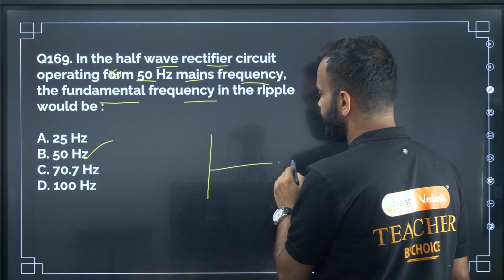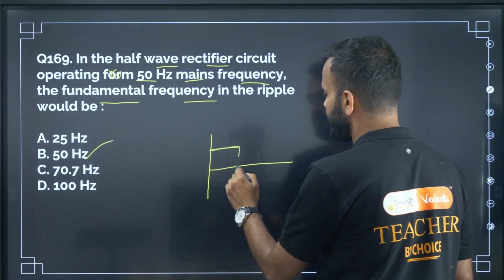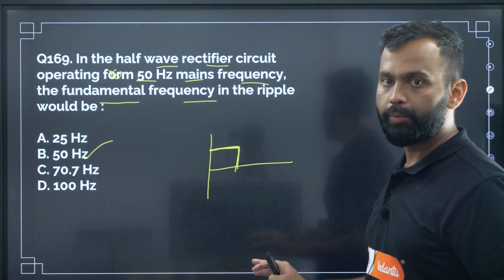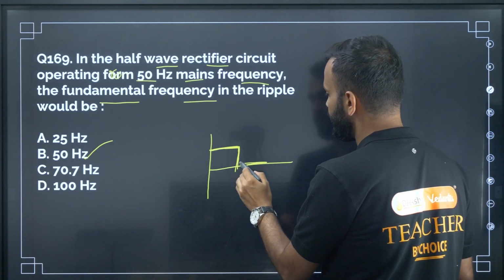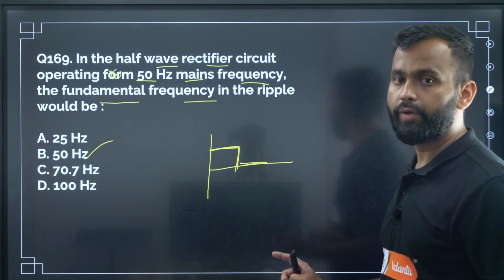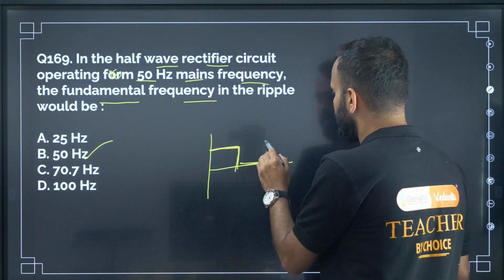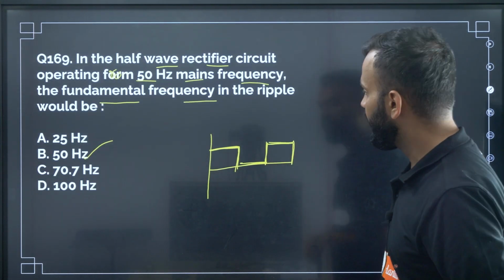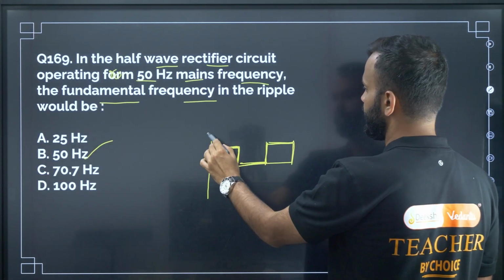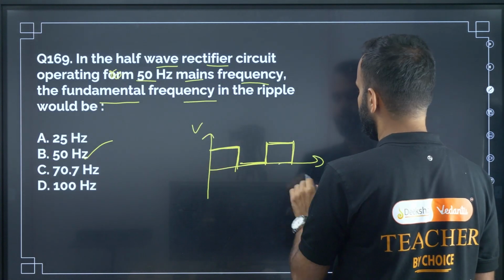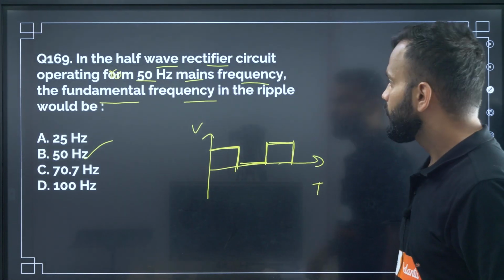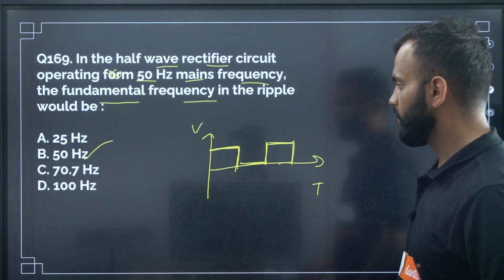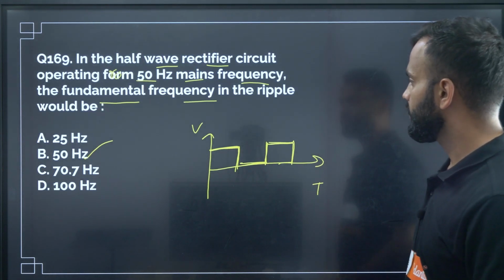Here we get the output only one half of the input AC source, right? One half of the input. So therefore the fundamental frequency in the ripple would be same, 50 hertz only. Okay, so option B is the correct answer.